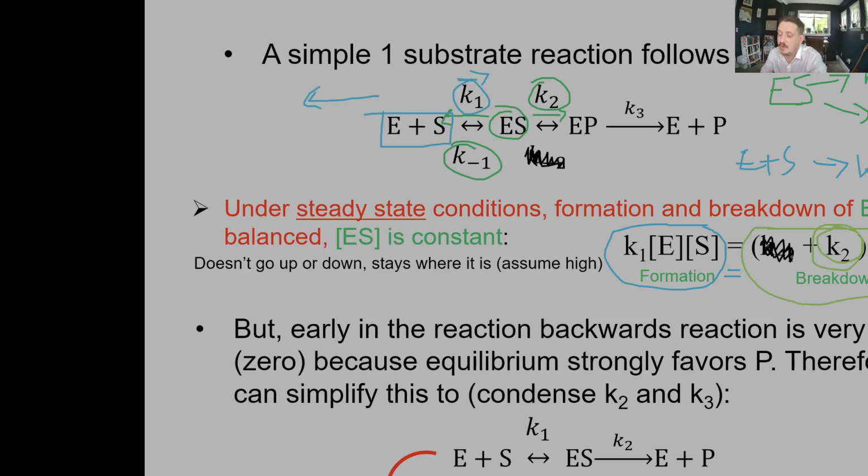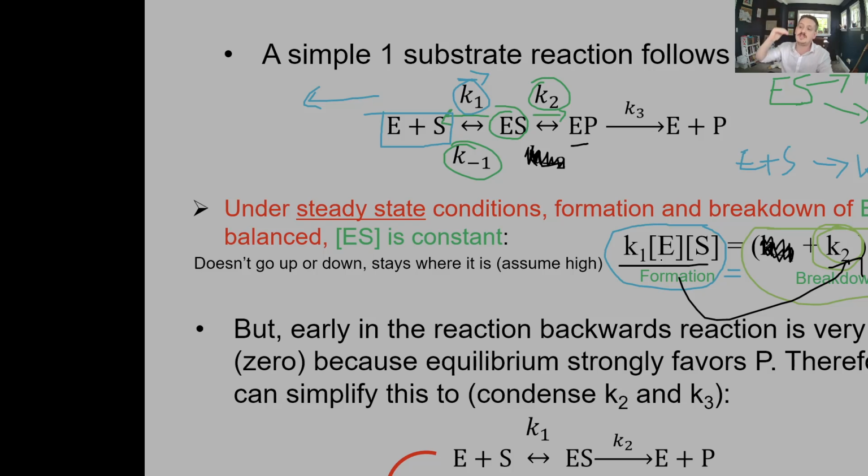But as soon as ES breaks down, presumably to EP, it is immediately restored by the reaction of E plus S. So what this equal sign is saying is that just as fast as it breaks down, it is replenished in steady state. And that's what steady state is: the level of ES stays the same.